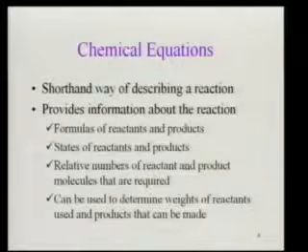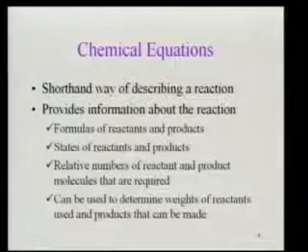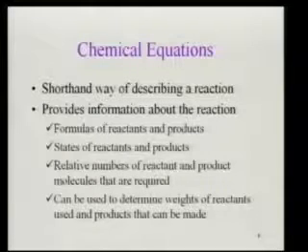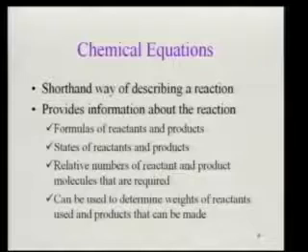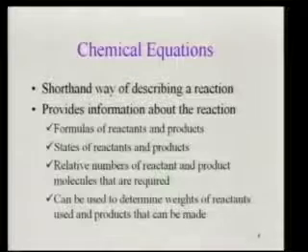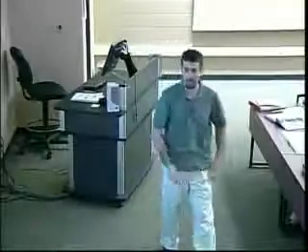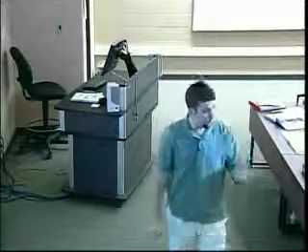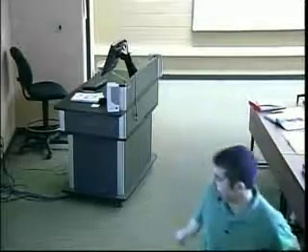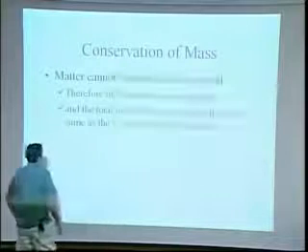Okay, it also tells us the relative numbers of the reactant and the product molecules that are required. If I'm taking octane and reacting it with oxygen to do a combustion reaction, how much octane reacts with how much oxygen to give me how much carbon dioxide and how much water? So we cannot answer that if we don't know the chemical equation. Okay, keep this in mind.